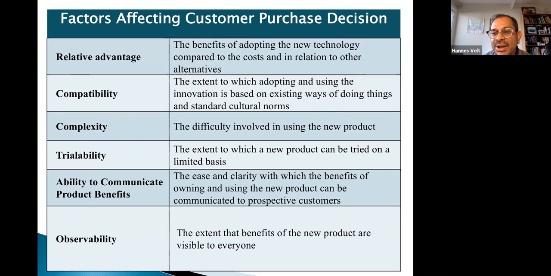So there's a difference in perception. Does it really have a relative advantage? And if it doesn't, then it's going to take a longer time to get adopted and diffuse. The second factor is compatibility, which is not just technical interoperability or standards, but it's compatibility with the user's needs and values.